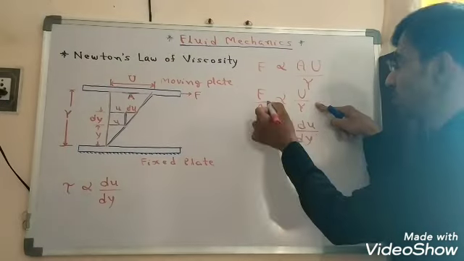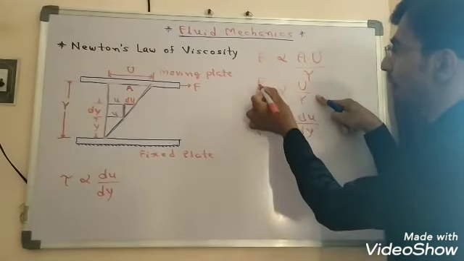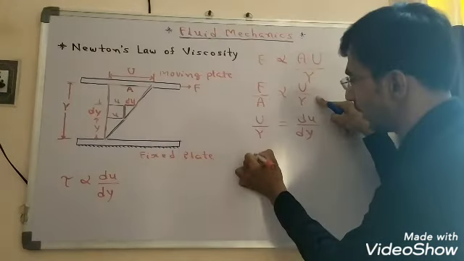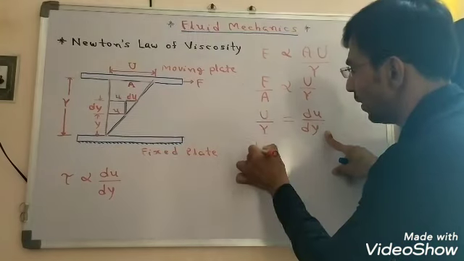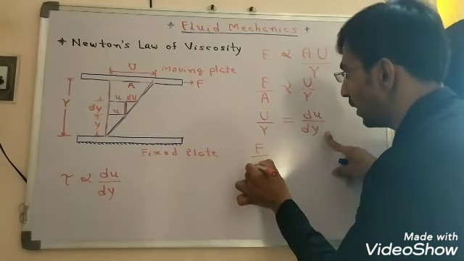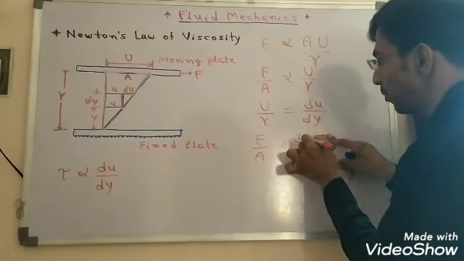From this equation, u by y is replaced by F by A. We can say that F by A is proportional to du by dy.